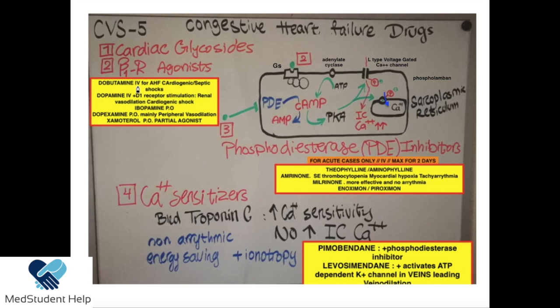Okay, now the second one is going to be the Dopamine. Dopamine is also given IV. And if you remember from Pharmacology 1, the dopamine has a high selectivity to the dopamine 1 receptor. So the activation of the dopamine 1 receptor, which is present highly in the renal artery, is going to increase the renal circulation.